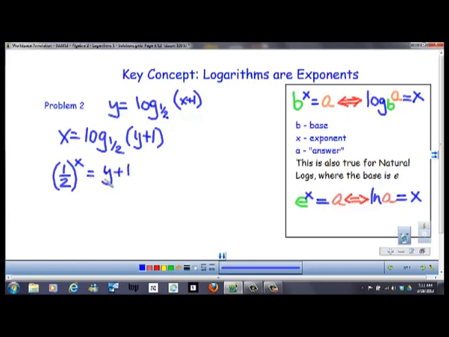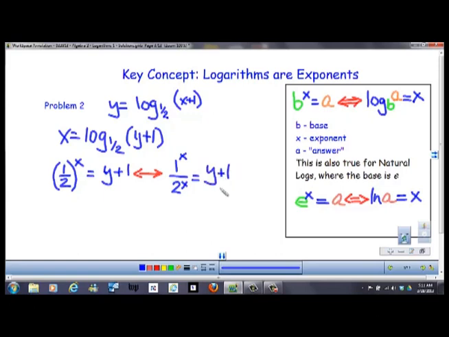All right, so far, so good. Now the next step is to distribute this x, because this is 1 to the x over 2 to the x. So we'll put a little line here that says that's what this means, and we have 1 raised to the x power over 2 raised to the x power is equal to y plus 1.